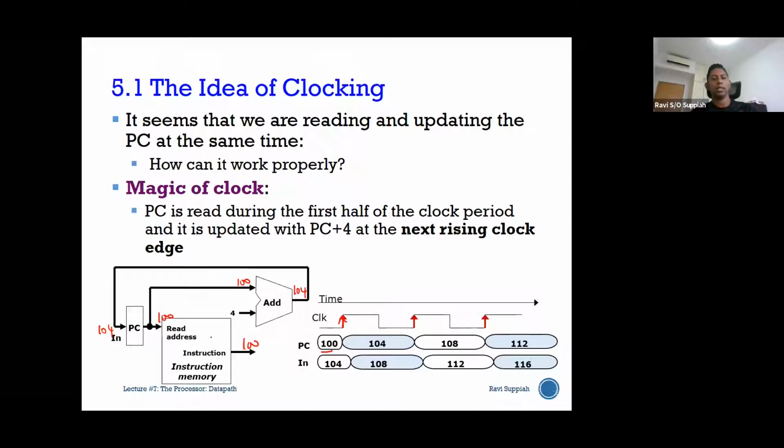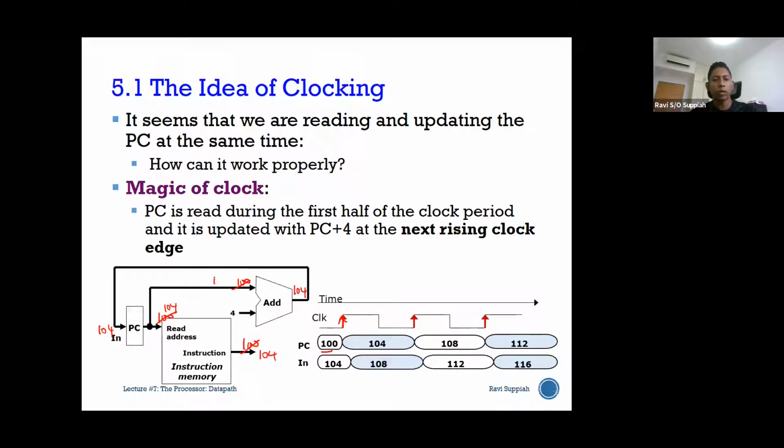That means the program counter will take the value that is at the input and transition it to the output. So 104 will come in, and from 100, I become 104. The instruction at address location 104 will then be channeled out of the memory to the next stage of the processor.